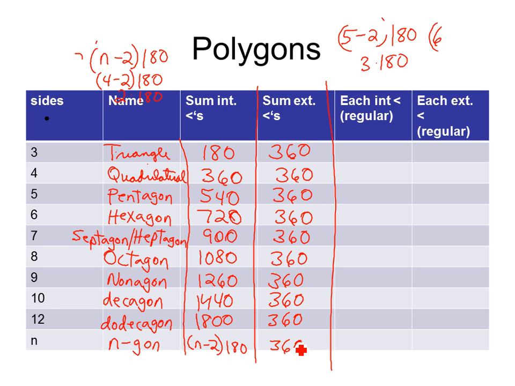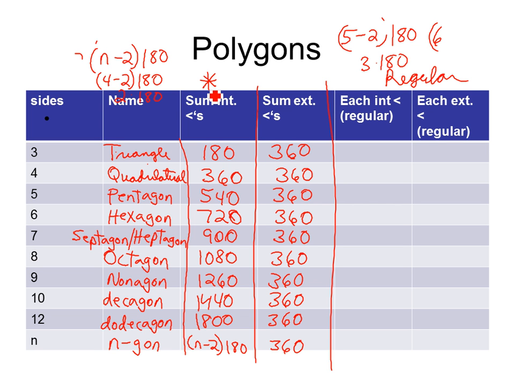All right, these last two only work if you have a regular polygon. If you're trying to find each interior angle, go back to your sum, and you're just going to divide it by how many sides that certain shape has.